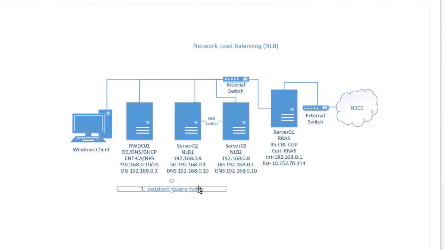If you run this command, netdom query FSMO on server 02, it checks what FSMO roles you have already migrated in the last labs to this server. And you'll want to transfer those back to RWDC01 before you start anything.